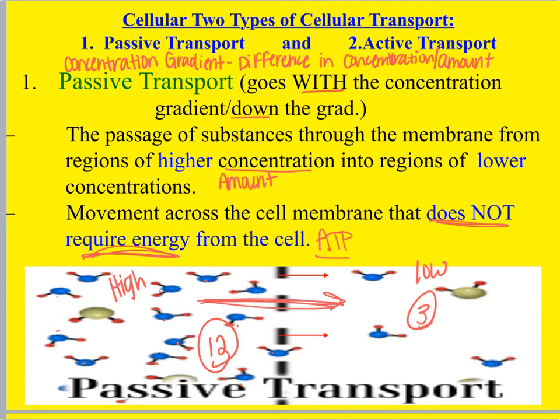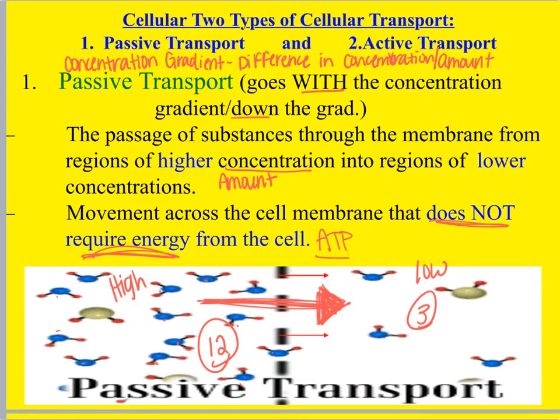So you must pay attention, if you're given a picture, to the direction of the arrows, because all I have to do is flip this arrow the other way and it will be active transport. So passive transport goes from high to low amount. It uses no energy and it goes with the concentration gradient. Now, all three types have all these three characteristics in common.